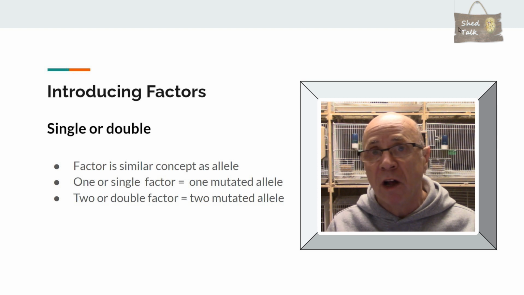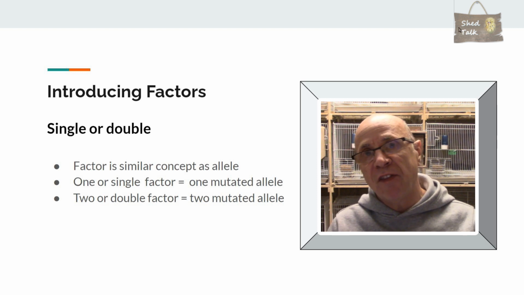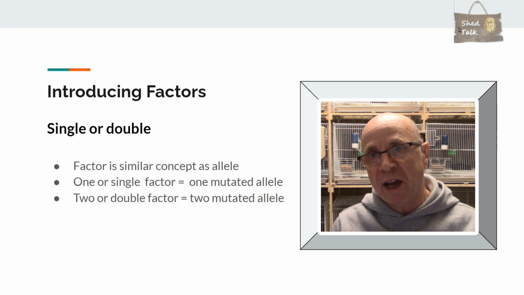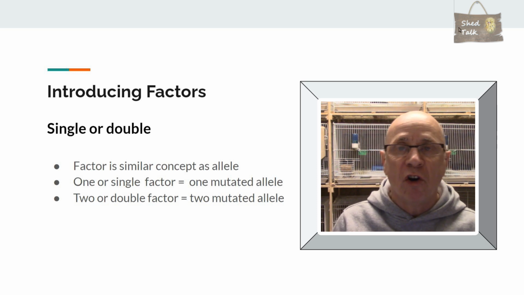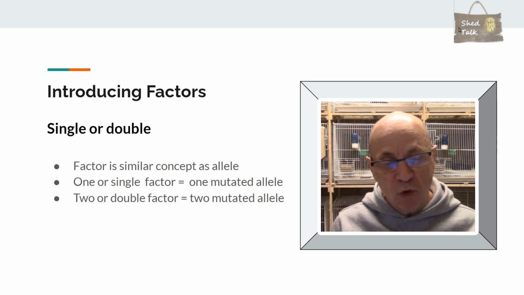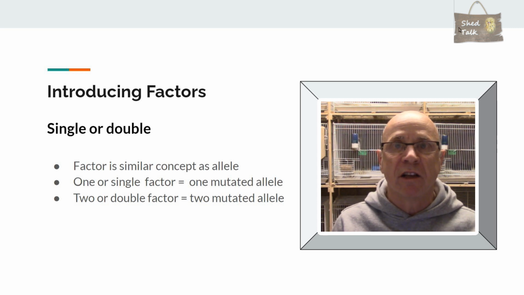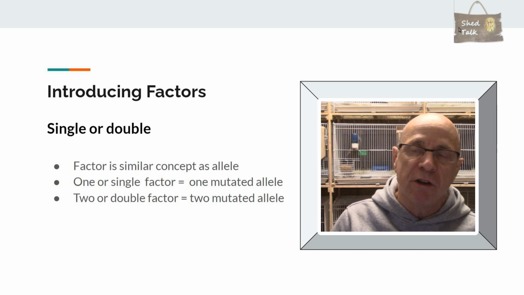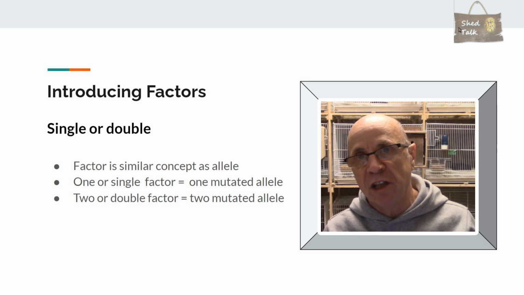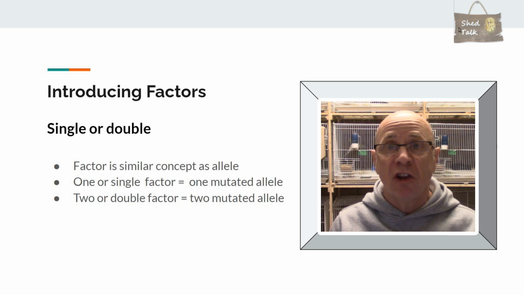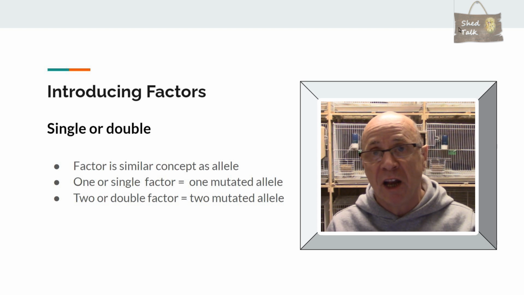We still talk about an animal or a plant as being either of a single factor or of a double factor. All that really means is a single factor contains one allele of a mutated gene, and a double factor contains 2 mutations of a particular allele.